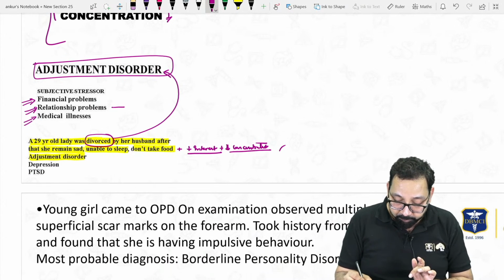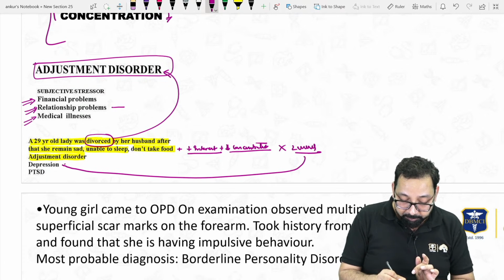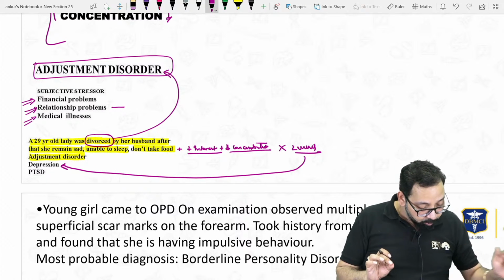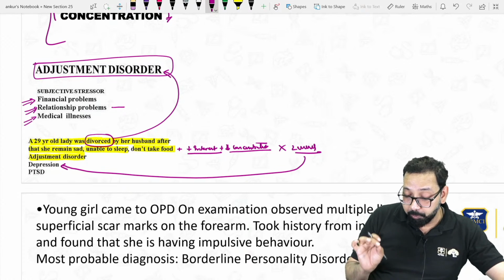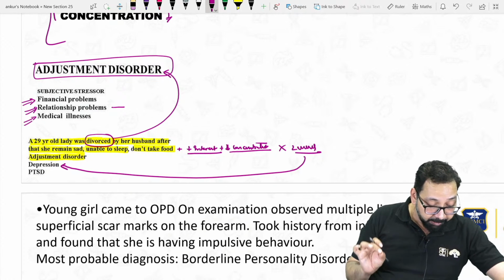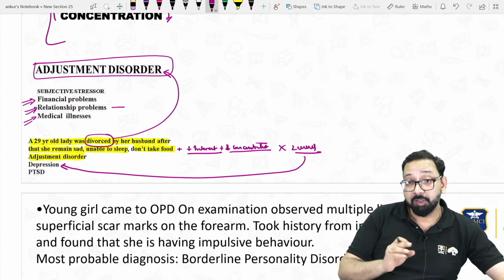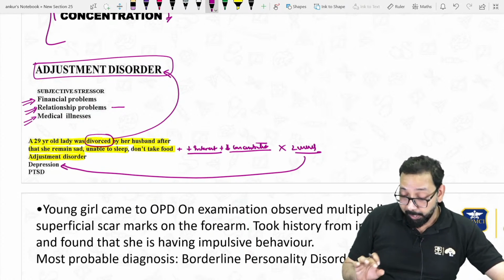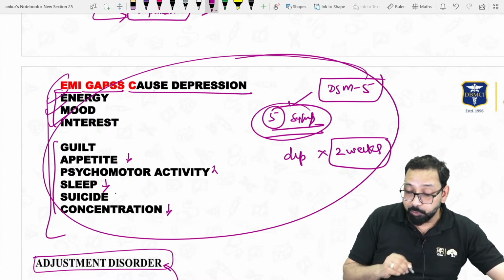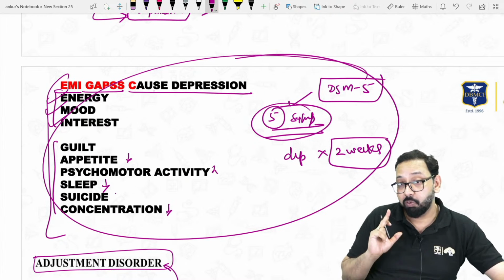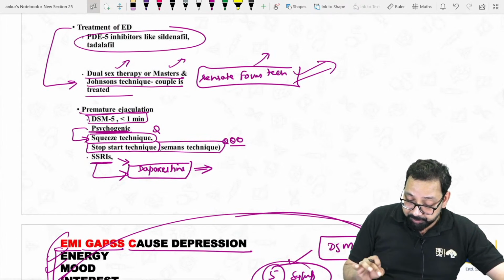The diagnosis of depression for 2 weeks is fulfilled. The diagnosis would be depression. So remember this point, that whenever you find a question after breakup, after financial loss, you are thinking of adjustment disorder, but if the diagnostic criteria of depression are fulfilled, you will mark the diagnosis depression, not adjustment disorder. What is squeeze technique?